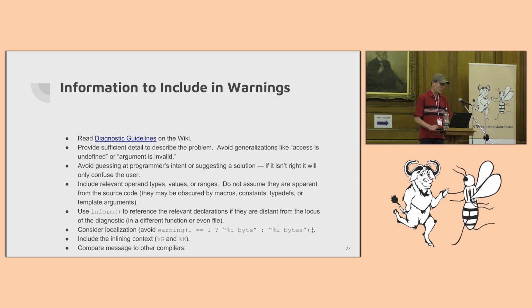But at that point, you'll be busy with fixing other more important problems, and so this is simply unfortunate and can be avoided. Make sure you print the inline in context. Use the %G and %K format specifiers in GCC while they're there, unless they go away. And also, in terms of quality of implementation, compare the message that you're issuing to other compilers.